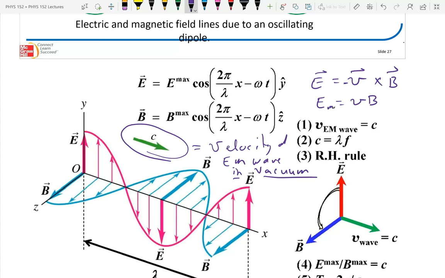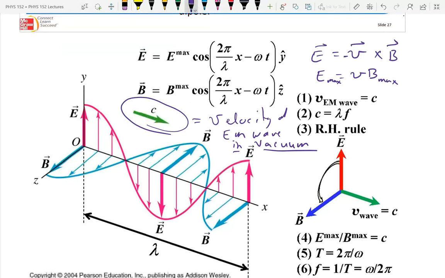I'll just put max and max here. And we would then have the speed is just the electric field maximum over the magnetic field maximum. So the relationship between the electric field maximum and the magnetic field maximum is just the speed of light. If you know the electric field, you can calculate the magnetic field. If you know the magnetic field, you can calculate the electric field because of that relationship.